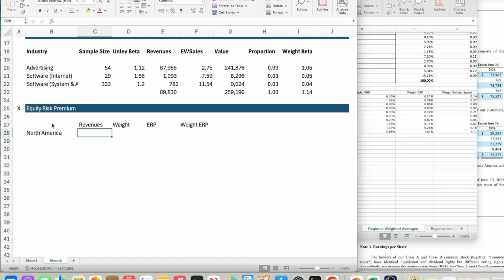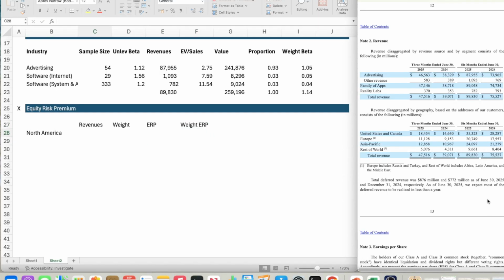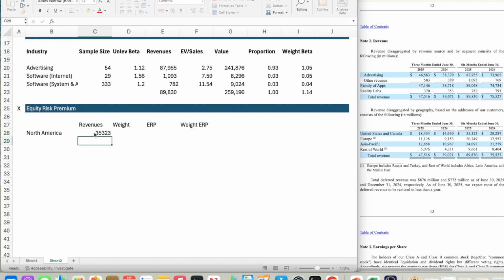So the revenues are easy because we have them here. For US and Canada, 35,323. It's a lot of money. The weight is 100% here.